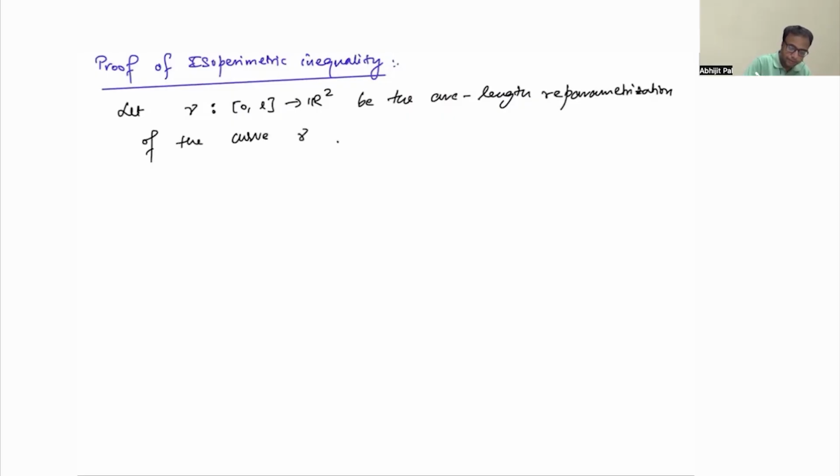And also note that because this curve is closed, gamma(0) is equal to gamma(L). All right. Okay.